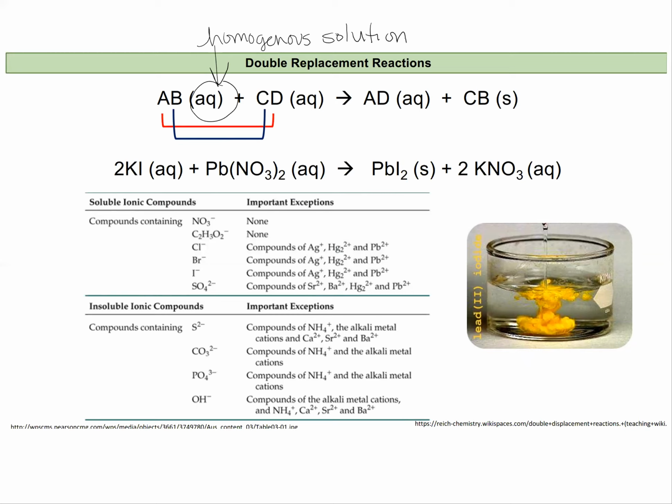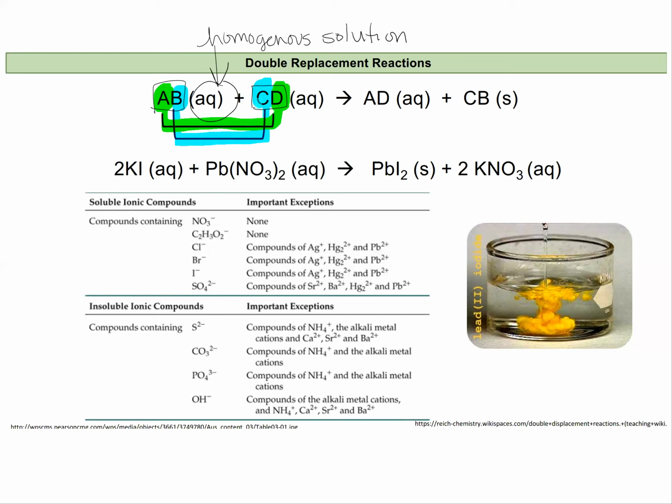When I bring them together, I know that the combination AB is aqueous and not a solid, and same with CD. So now I compare the other possible combinations of ions, and that would be A, the cation from one, combined with D, the anion of another, or the anion of my first one with the cation of my second one.